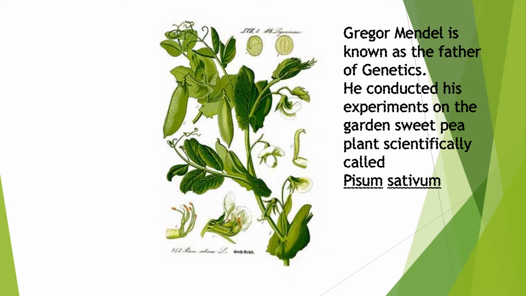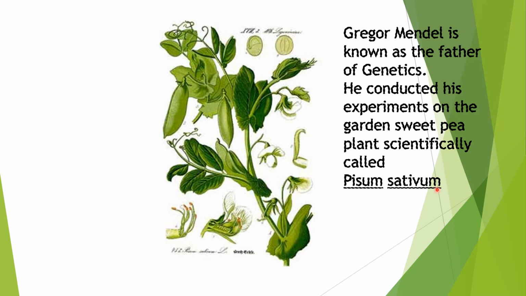Now, Gregor Johann Mendel is regarded as the father of genetics. He conducted his experiments on the garden sweet pea plant scientifically called Pisum sativum. So, the scientific name of garden sweet pea plant is called Pisum sativum.